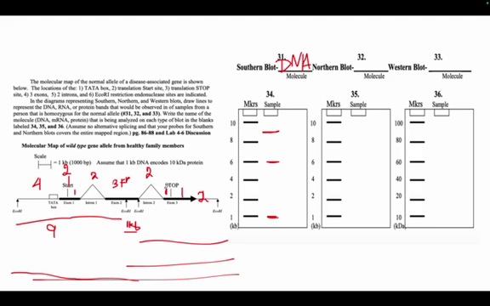Now, of course, EcoR1 is not a perfect enzyme. It may not digest at every single site. And so we also have the possibility of these overlapping fragments. Right? So we can also get the 6 plus 1, 7 kb fragment. Okay, so we can also get this. We can also get this 9 plus 1, 10 kb fragment.